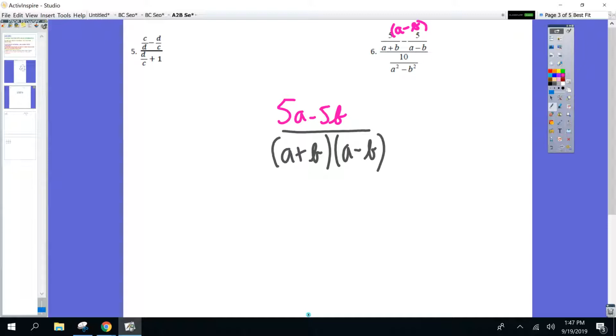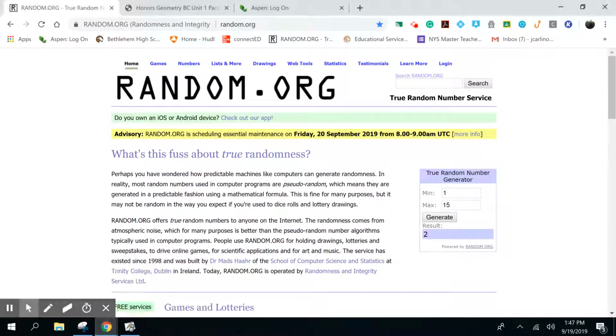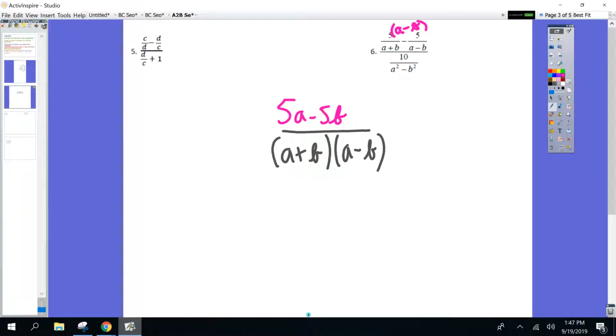Next one. What do I still need to multiply A minus B by to get my common denominator? Four. A plus B. But, whoa, kids. There is a subtraction sign.